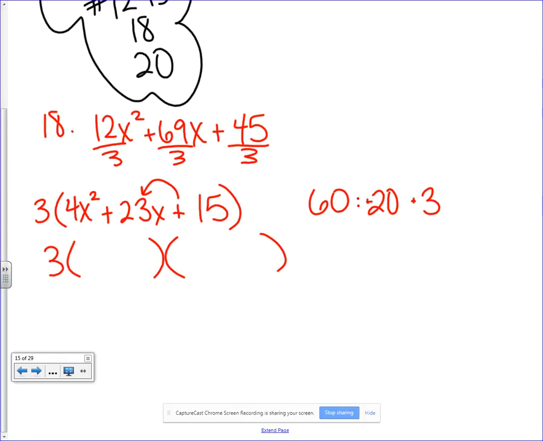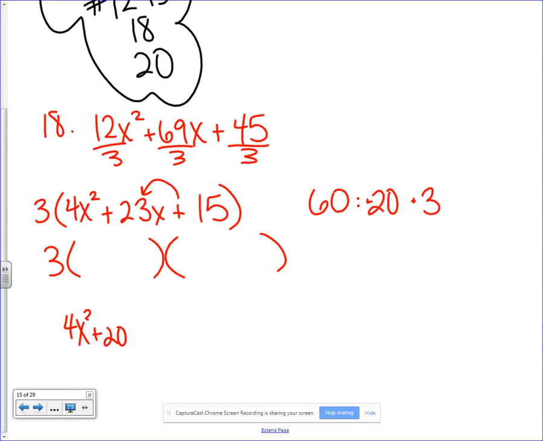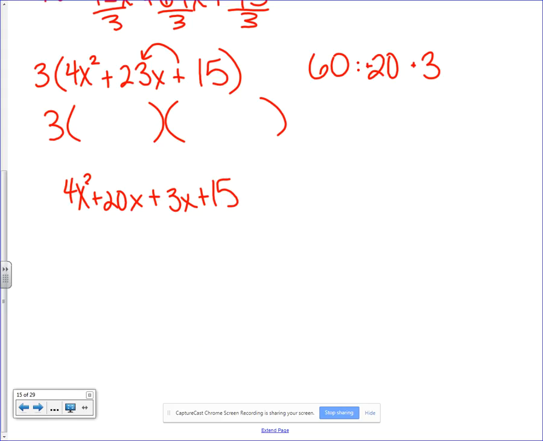When you're ready, I need you to make me a 4-term problem. Don't forget that X on there, okay? Everybody doing okay? All right, now I'm ready to group. What can you take out of both groups?